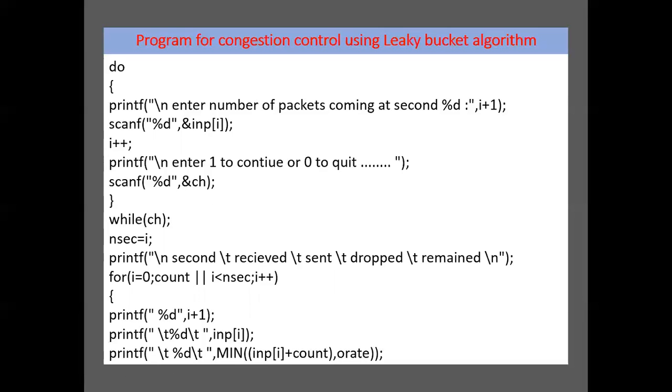Like that it will keep on storing the packets in the bucket. So print enter the number of packets coming at second, and the same thing you store in this variable, input i plus plus. Printf, enter 1 to continue or 0 to quit.